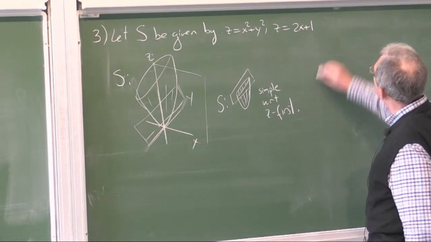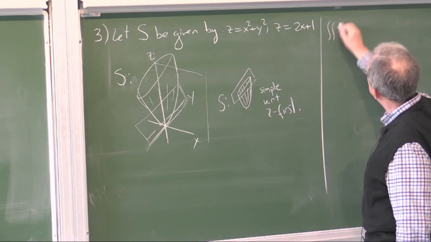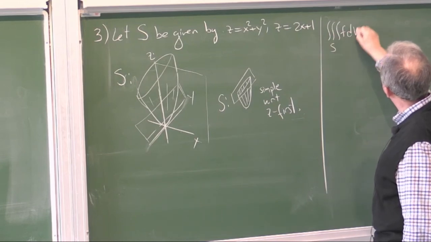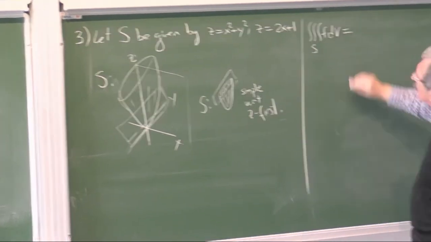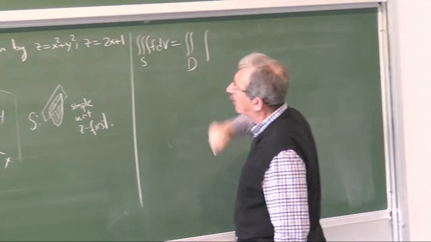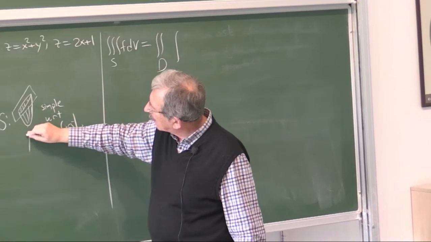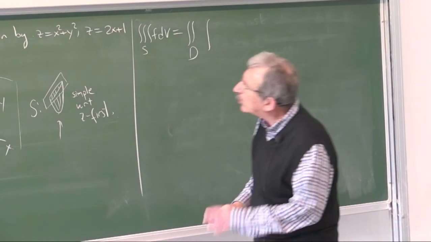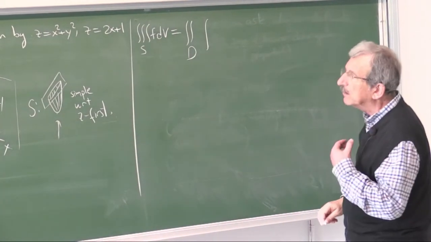Because it's simple with respect to z first, an integral over S of F in triples would be an integral over D of, now in the z direction, you enter from the paraboloid, leave from the plane.